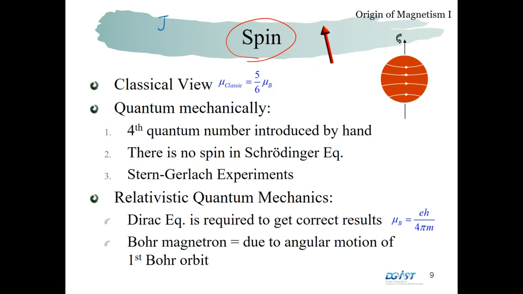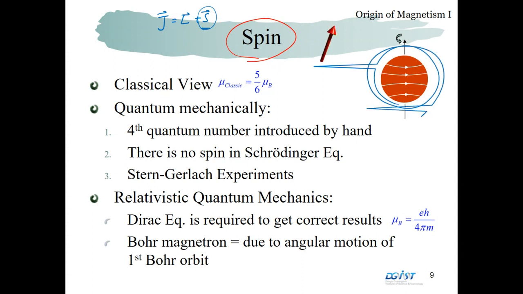You know, the real magnetic moment is defined by the sum of the angular momentum and the spin momentum. Now I'm talking about the spin momentum. Let's imagine the electron. Classically, spin means rotation.